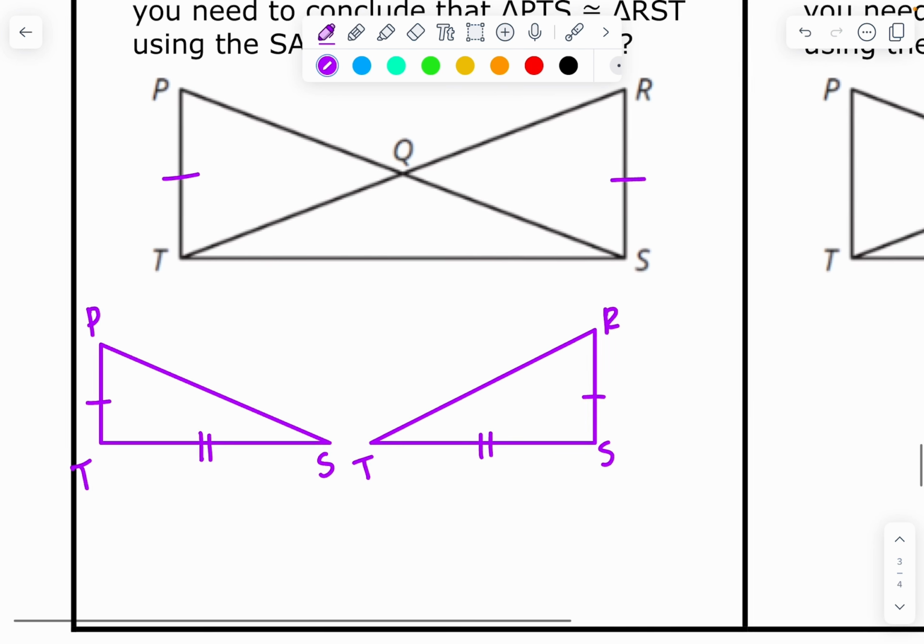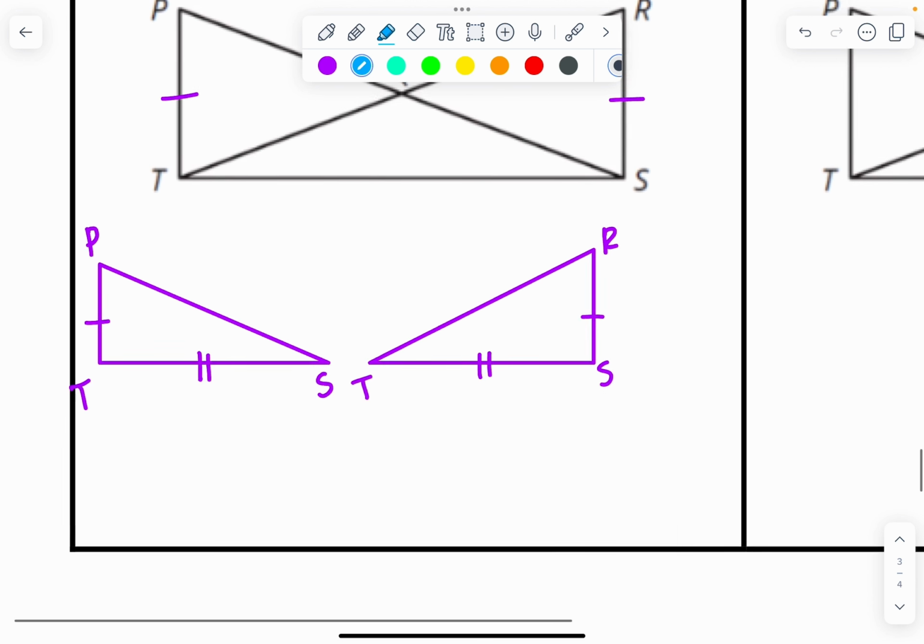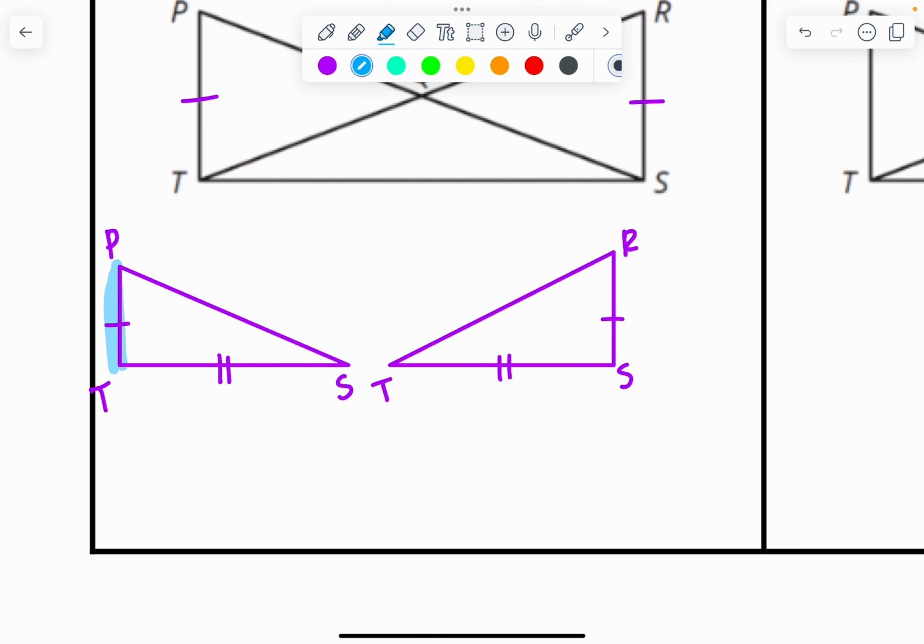The information that we need to prove side angle side: we know that side PT is congruent to side RS. We would need angle T and angle S to be congruent. And we got TS is congruent to itself. So that's our side angle side.